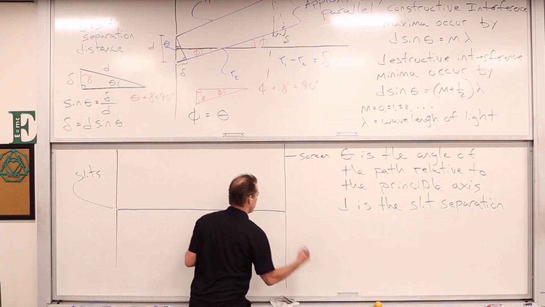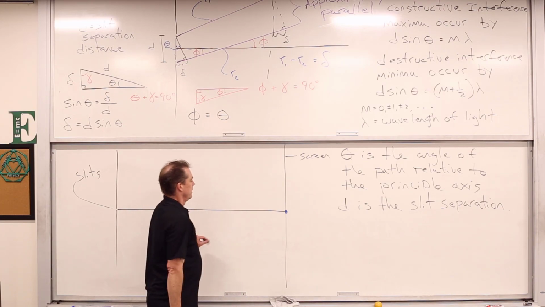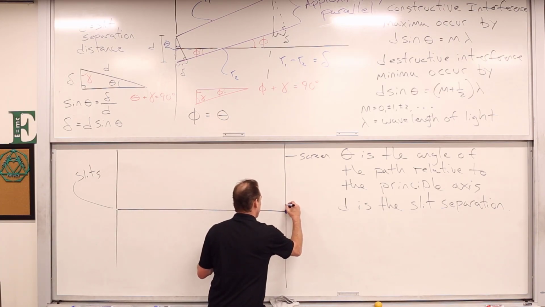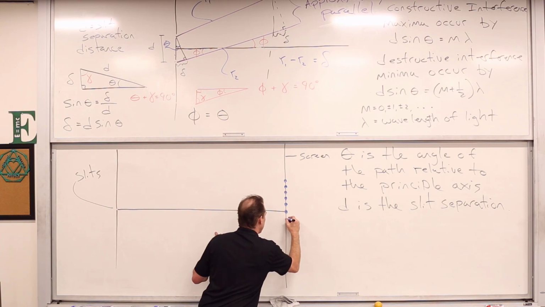Let's take the blue and say we're going to get some maxima there. Let's say we're going to get another maxima here, maxima here, maxima there, maxima there, maxima there, and likewise down below.